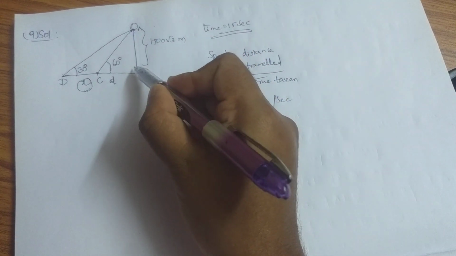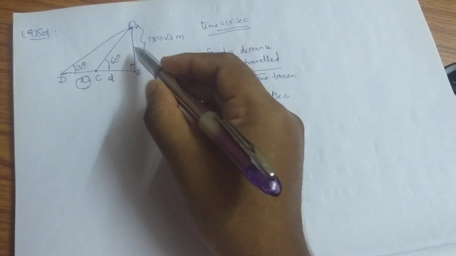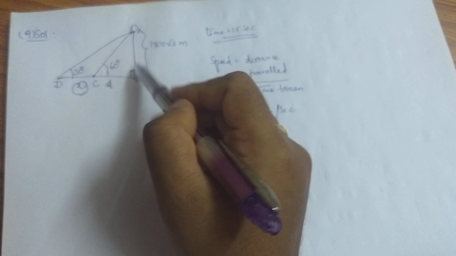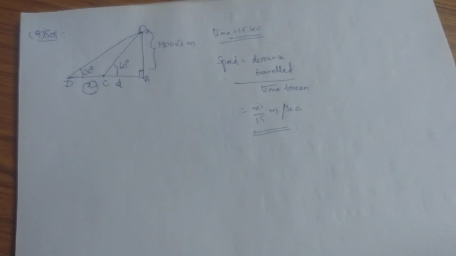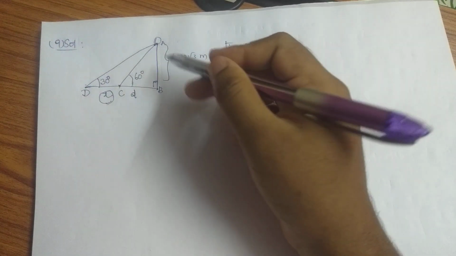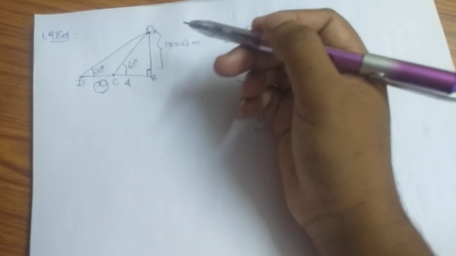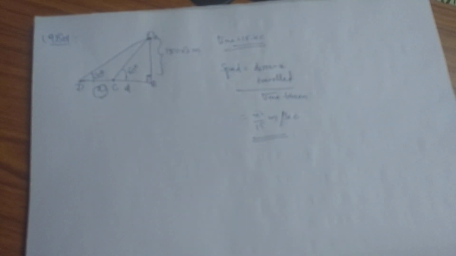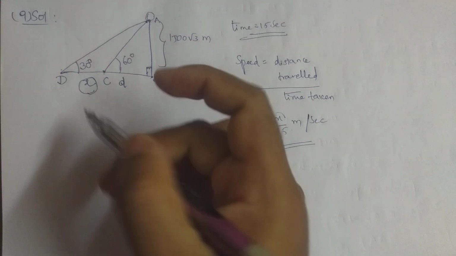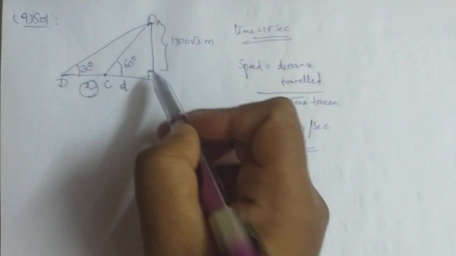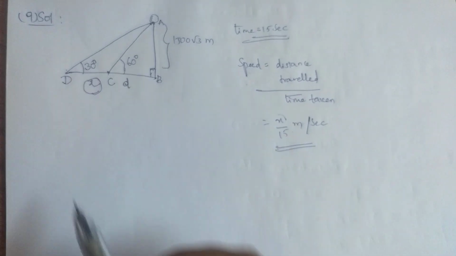Same thing, you have to apply the concept of trigonometric ratios. This height is vertical with respect to the ground, and the ground level is horizontal, so the angle formed here will be 90 degrees. Two right angle triangles are formed: one is triangle ABC, the other is triangle ABD.